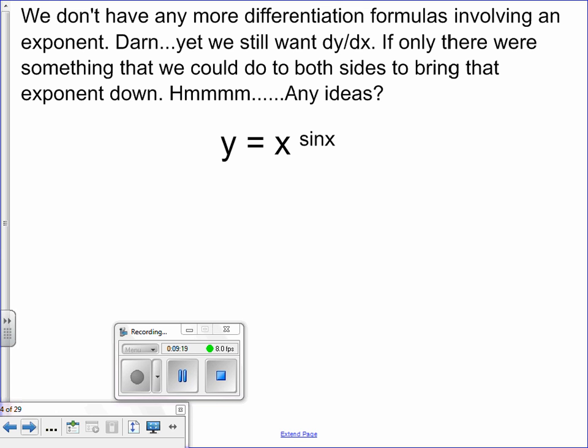How would logs help us? So wait a minute, you're going to have to show me. So in other words, if I just take the ln of both sides, saying take the log of both sides, how's that going to help?